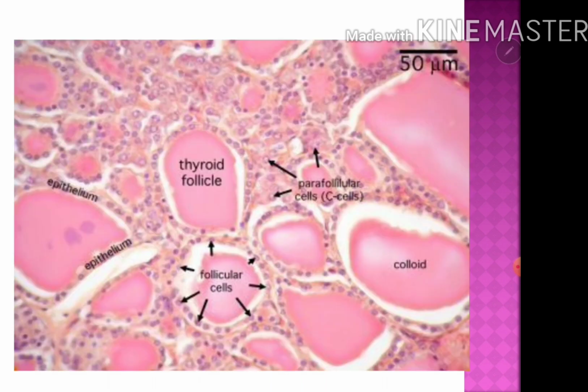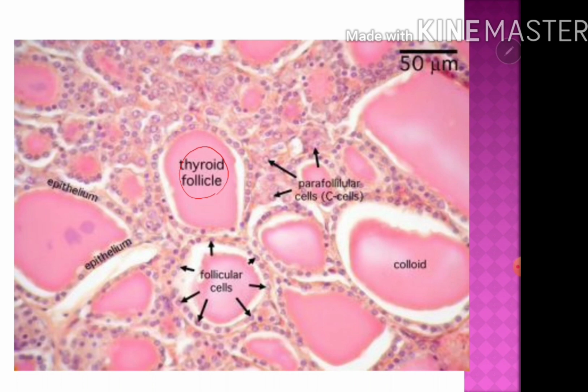We can recall the histology of the thyroid gland. This is the thyroid follicle, which is made of thyroid epithelium, composed of follicular cells, as we can see here. And these are the parafollicular cells, which do not surround the follicle. Parafollicular cells secrete calcitonin, and are called C cells.